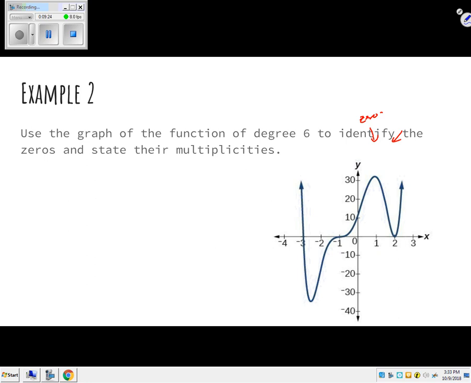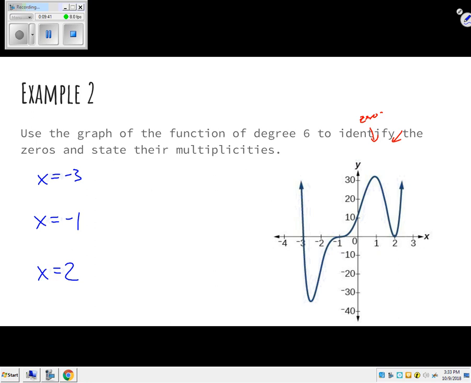So first off, I noticed that my zeros of this graph, I'm going to go through and list them. My zeros, remember, are just the x-intercepts where it crosses the x-axis. So that's going to be at x equals -3, -1, and +2.